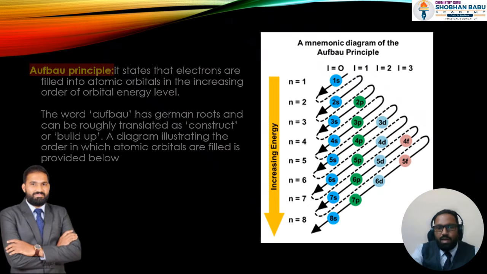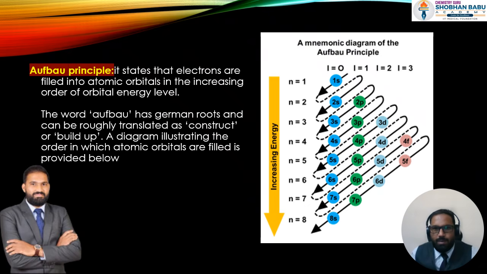When you arrange all the elements in increasing order of their energy, that is, increasing order of their n plus L value, that is called the Aufbau principle. The word Aufbau has German roots and means build up, or constructing the orbitals in increasing order of their energy levels.